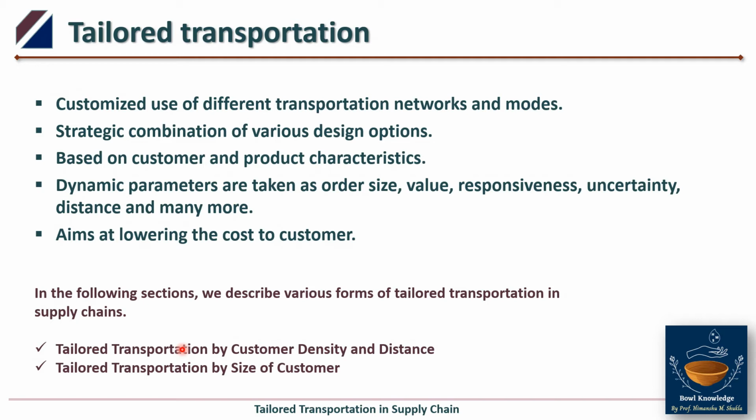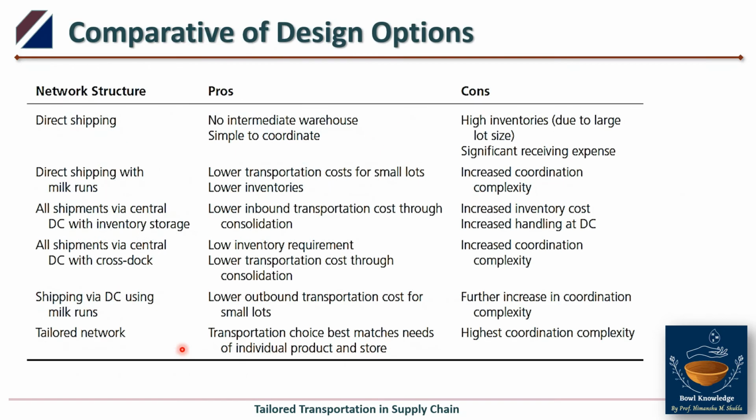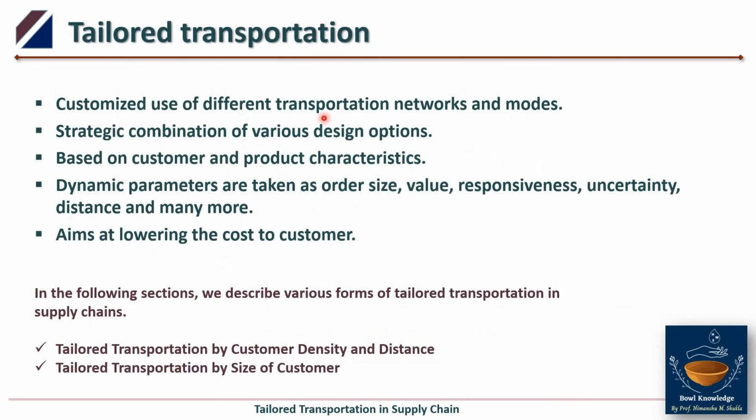It is the customized use of different transportation networks and modes by strategic combination of various design options. So as you see, here are 5 to 6 design options. Each has some pros and some cons. What is the meaning of the word tailor when we talk about clothes?